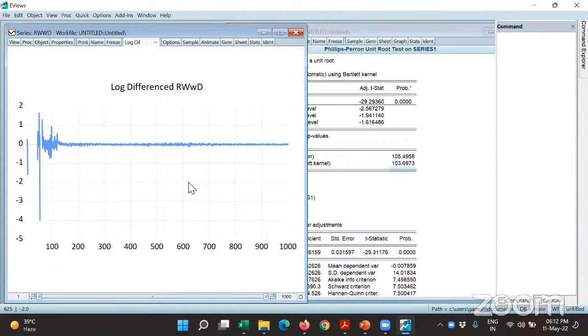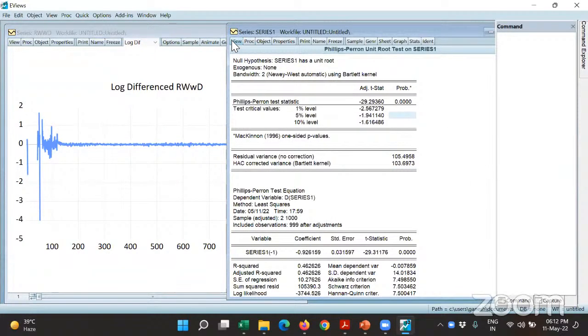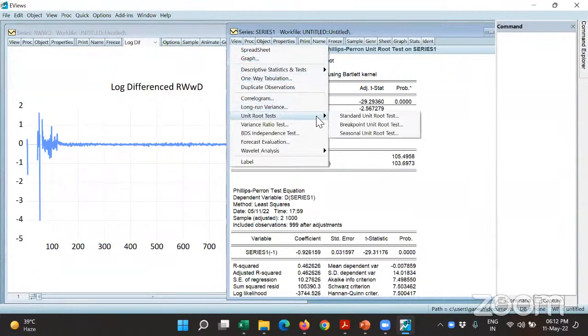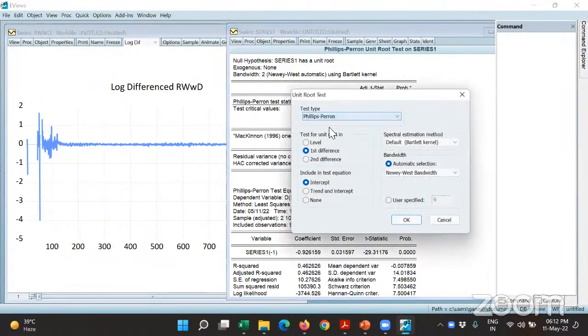The idea at this level is that whenever you are trying to report the results of the unit root tests, which are your stationarity tests, don't go and report all the test results. We have so many test results with us: Phillips-Perron, DF, ADF, and others.